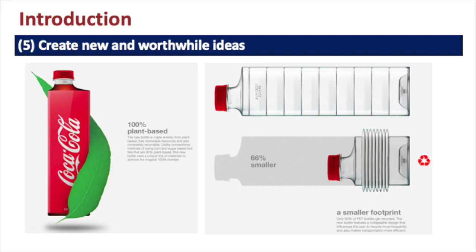Looking into the case study of a Coke bottle again, we can design a straight bottle, but if you are creative enough, maybe you can play around with the shape of the design. In this case, the bottle is designed with some kind of profile along the body of the bottle. What is so cool about this design is that it can be collapsed.